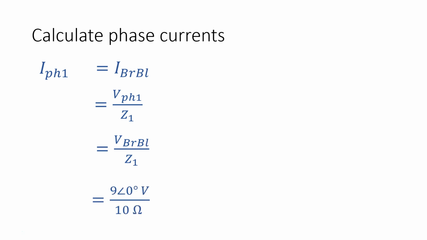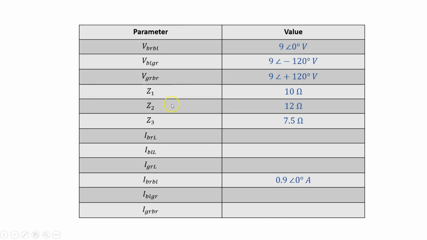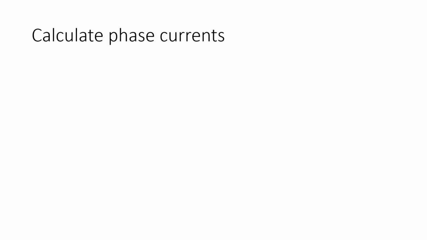And that would be 0.9 at 0 degrees amps. And we can add that to our table here. Now notice these here are our phase currents, and these are our line currents. So I'll make sure you denote it right with the subscripts.